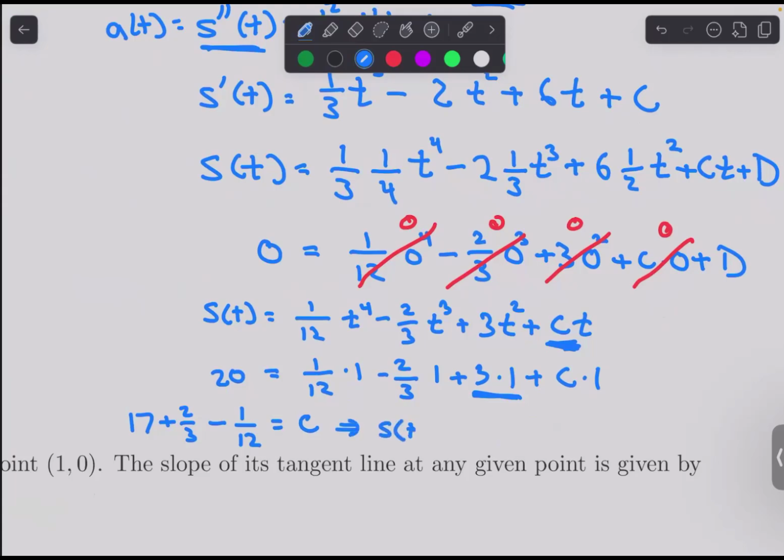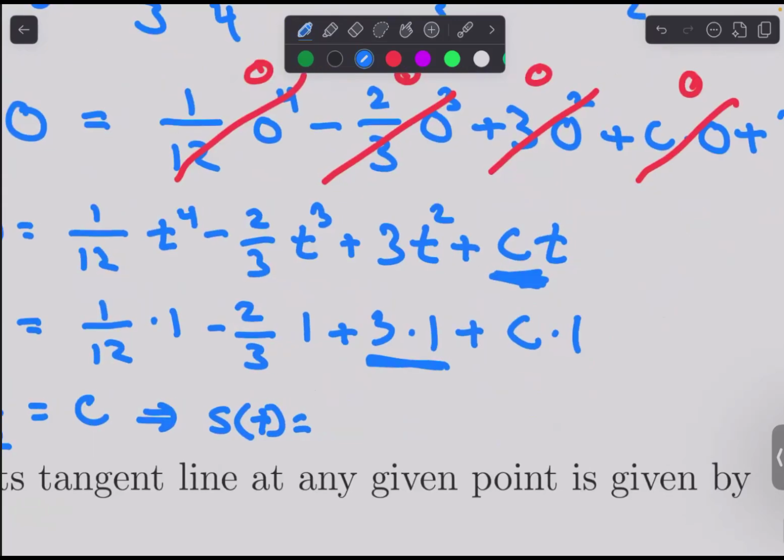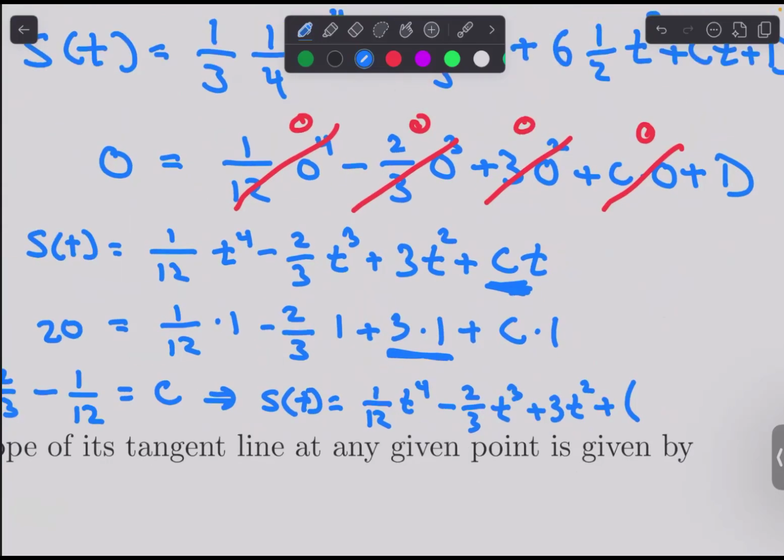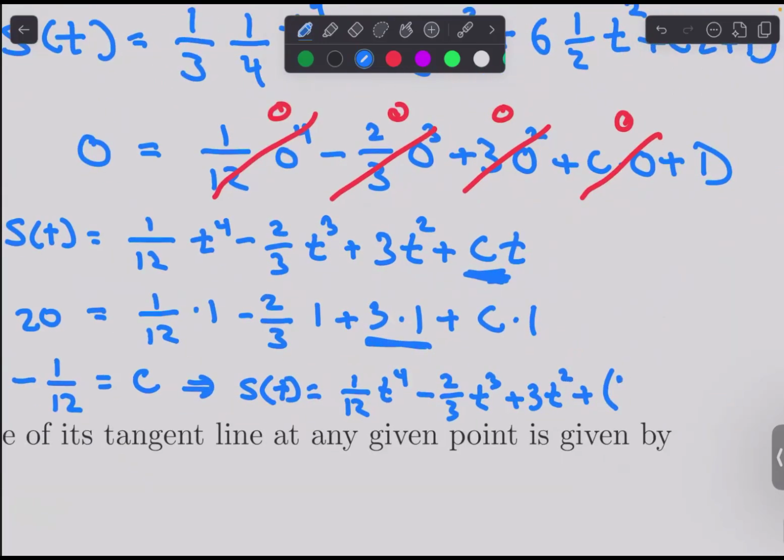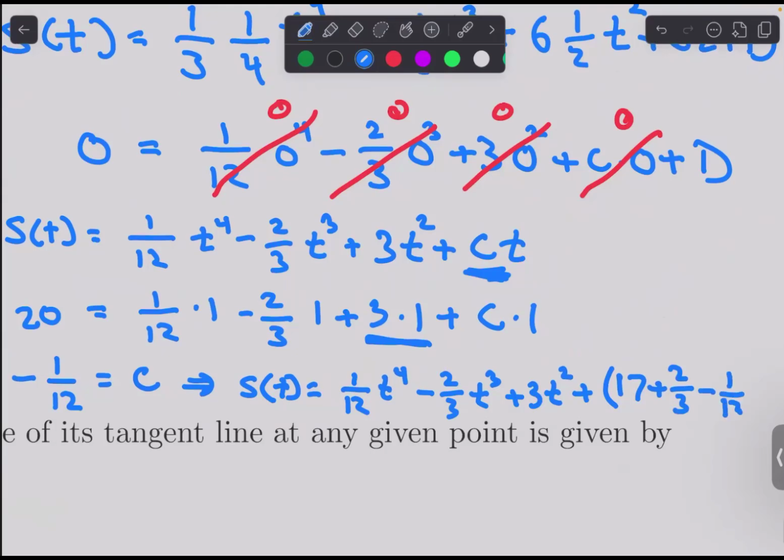So my position function is going to be 1/12 t to the 4th minus 2/3 t cubed plus 3t squared. And then my constant here, which is 17 plus 2/3 minus 1/12. And this constant needs to be next to the t.